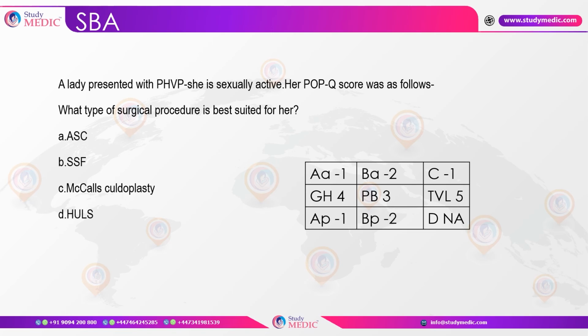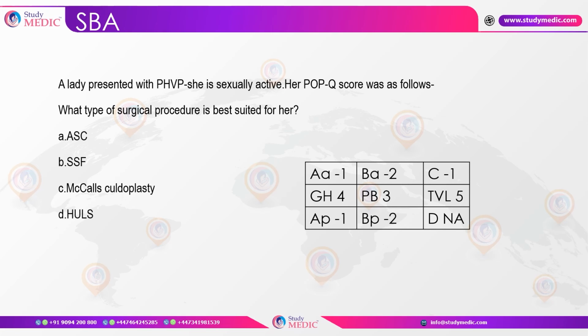She is again sexually active. So what would you offer her? See, McCall's culdoplasty and high suspension of the uterosacral ligaments, these two are things done at the time of hysterectomy. So they are not applicable here. That leaves us with two options: abdominal sacrocolpopexy or sacrospinous fixation of the vaginal wall.